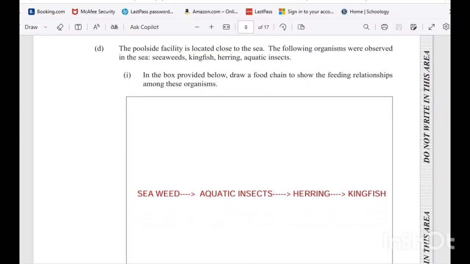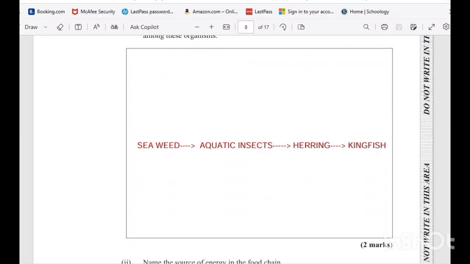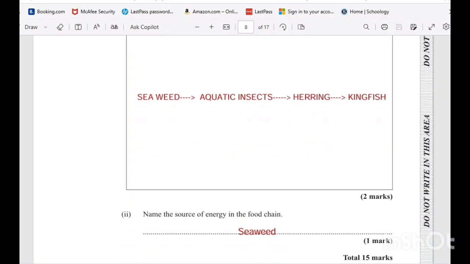Remember, for it to be a food chain, there must be arrows, and the arrows must be going in the correct direction. Remember, arrowheads show us what is doing the eating, and whatever is at the end of the arrow or behind is what is being eaten. And we always start with a producer or a plant, in this case, or seaweed. That's 2 marks. And I showed you the answer already.